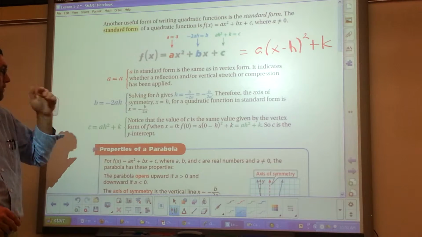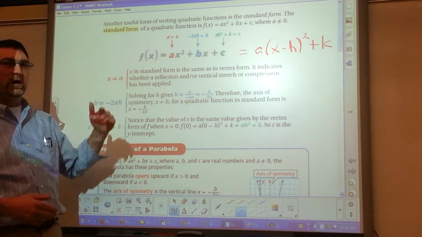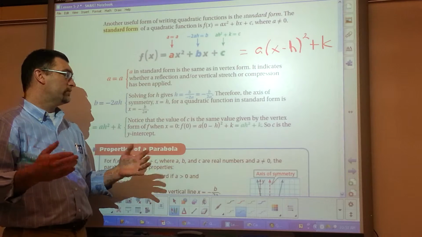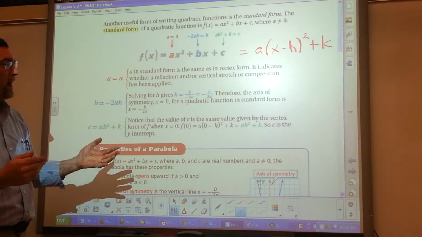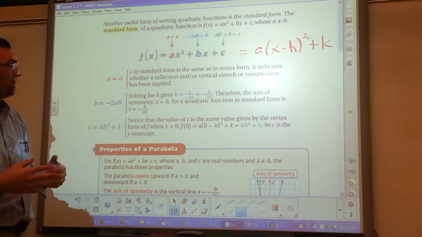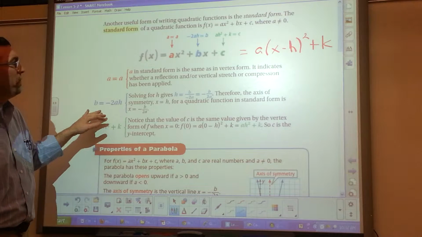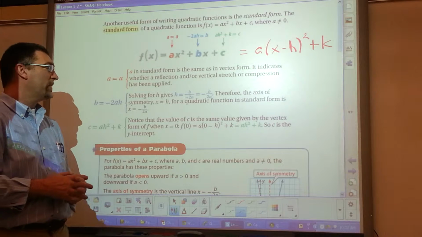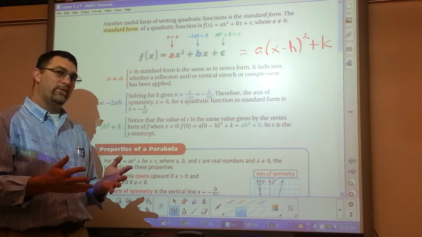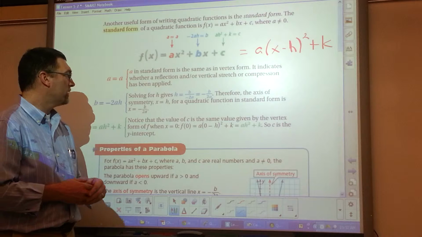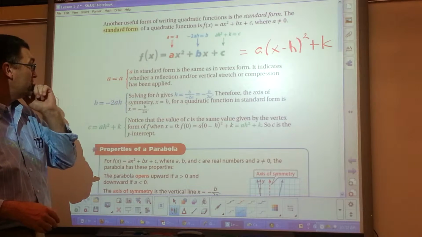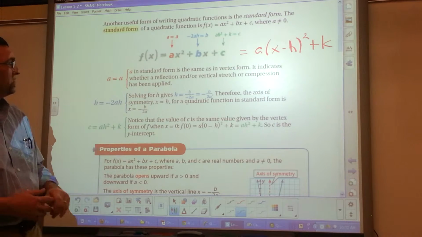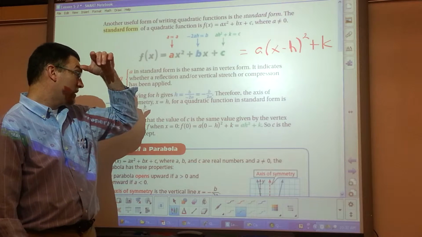So now, a is a. It tells us whether it opens up or opens down. If it's positive, it opens up. If it's negative, it opens down. b helps us find the axis of symmetry and the x-coordinate for the vertex. Solving for h with this equation gives us negative b over 2a.